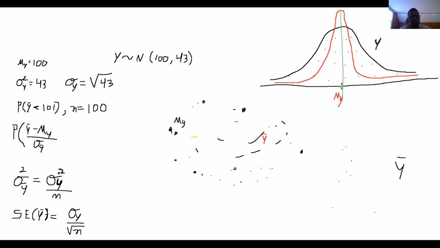That makes sense, right? We take the square root of all this. So the square root cancels the square. We don't have a square anymore, and we remain with the square root of n on the bottom. And this is how we find the standard error, which is this over here. We could also say equal like this.